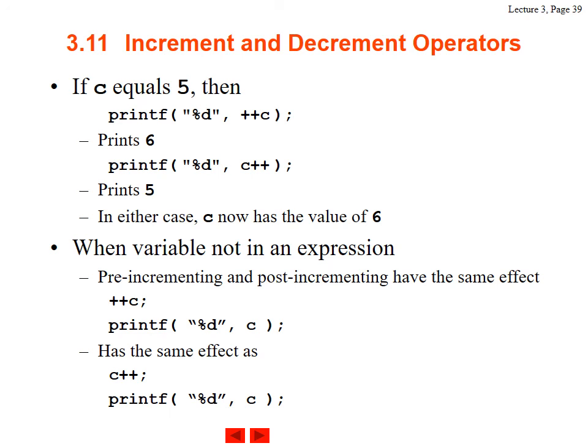So in that case, C now has the value of 6. So in this case, there is not much difference, right? Yeah, incrementing. Here you are pre-incrementing, right? If C equals 5, printf ++C, that means the same as C = C + 1, right? Then here it's saying C = C + 1. So you realize that in this case there is not much difference between this.